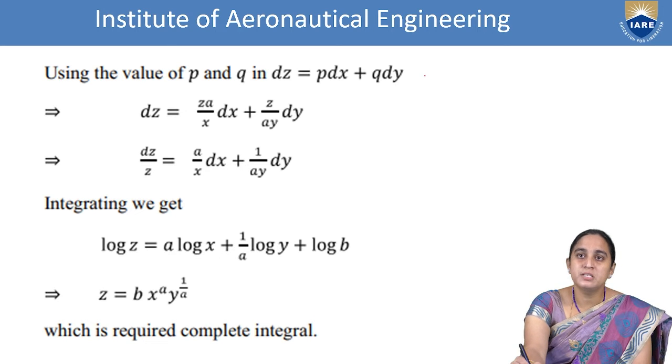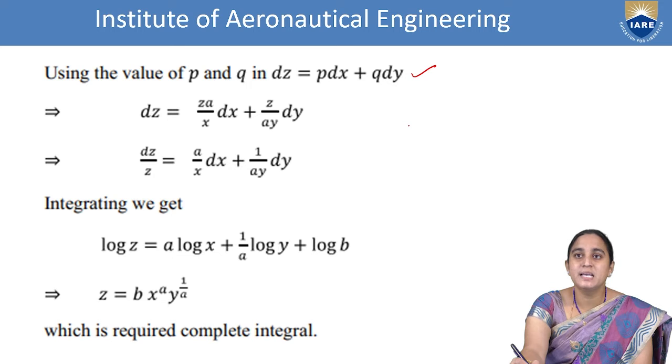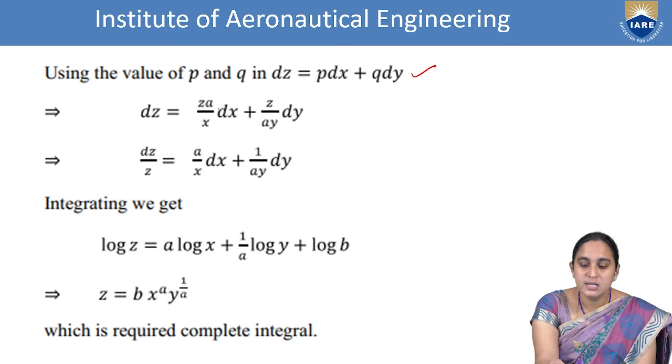What is the formula of the general solution here? Dz is equal to pdx plus qdy. Then substitute here: dz is equal to p as za by x into dx plus q as z by ay into dy. Here from these two terms, what is common?